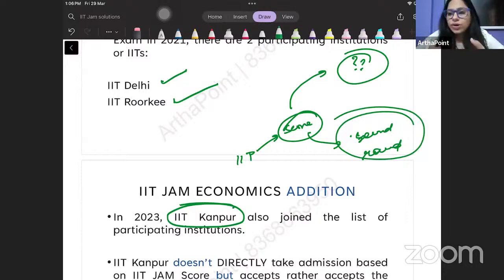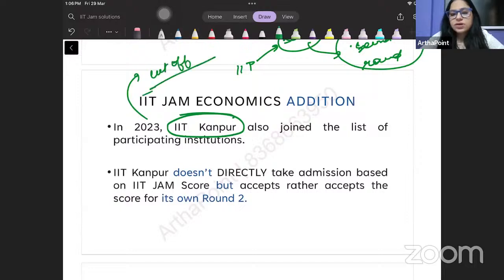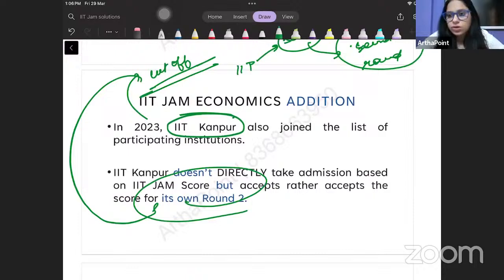So do they want to take a second round? तो last year IIT कानपुर ने क्या किया था, on the basis of the score of students, IIT कानपुर ने एक कट ऑफ डिटरमाइन कर दी थी, and all students who were above the cutoff, they were asked to come for the second round, right?